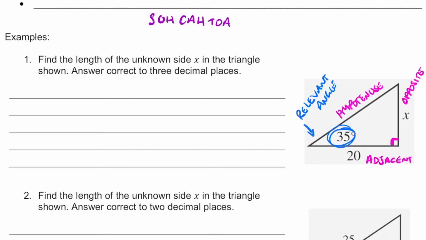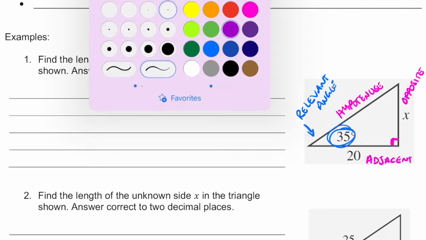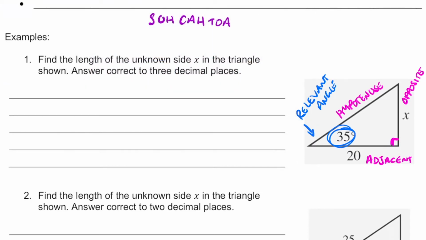So now that we have all that information, let's go and have a look at our question. So our question is, find the length of the unknown side x in the triangle shown. Answer corrected to 3 decimal places. So what we want to do is make a note of what we know. So we know that the angle theta is 35 degrees.